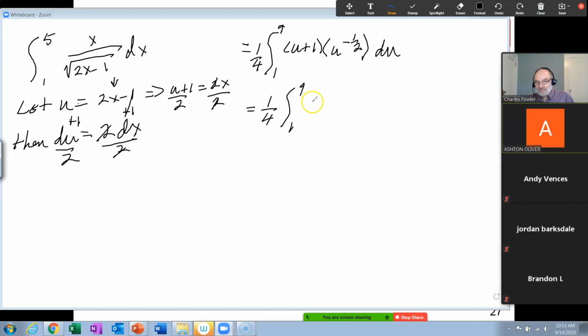You keep the base, u, add the exponents, 2/2 minus 1/2 would be 1/2, right? 1 times this would just be plus u to the minus 1/2 du. That was just the distributive property, and you're dealing with the rules of exponents.